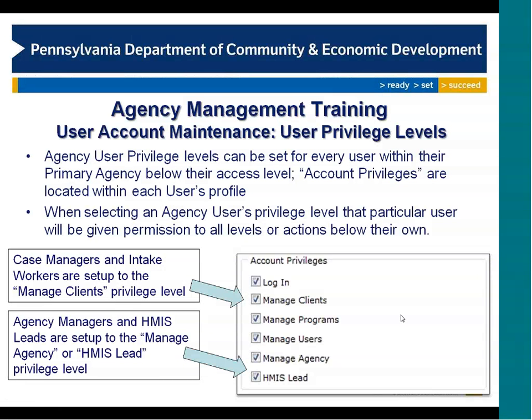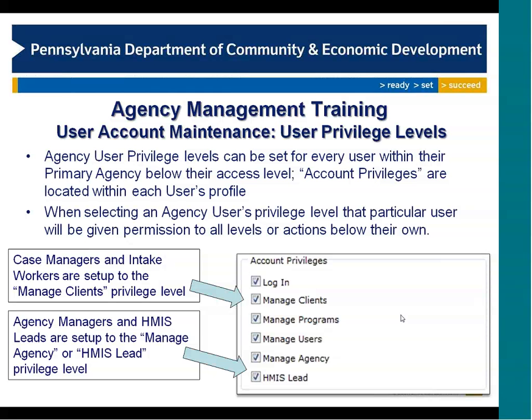The managed programs and managed users levels are escalating. If you want someone who has access to your programs, who can create or look at existing programs, that's what we call a managed program. A managed user is almost like an assistant manager. An assistant manager has access over programs as well as users, so they are able to go in and set up user accounts and everything like that.